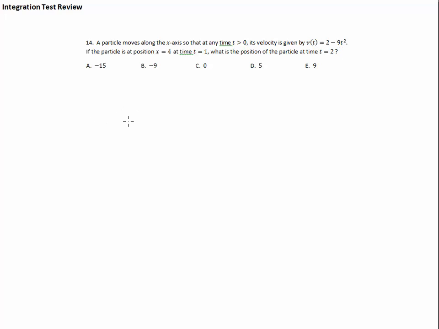Okay, so let's kind of envision what's happening here. So I've got a sort of perfectly drawn x-axis. Okay, so this is my x-axis. And let's see, the particle is at position 4. So let's come here, 0, 1, 2, 3, 4.